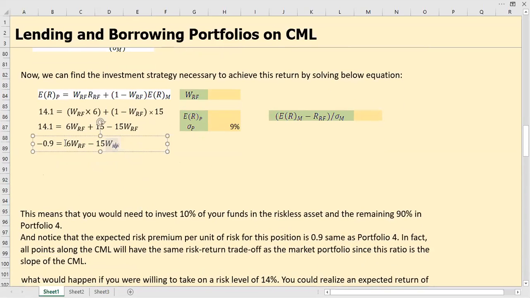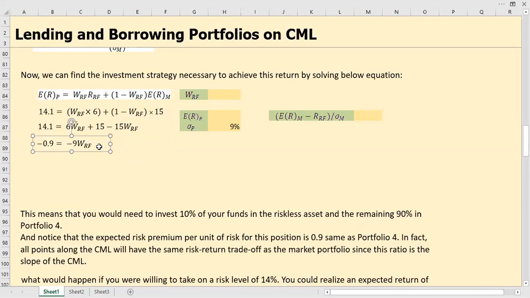Again, once you solve this part, 6 WRF minus 15 WRF, that means the whole part is equal to, that is 6 minus 15, negative 9 WRF. So how do you calculate the answer for WRF? It is pretty easy.